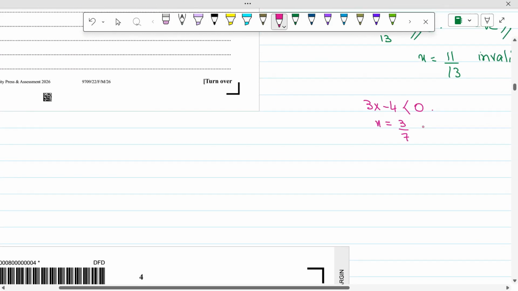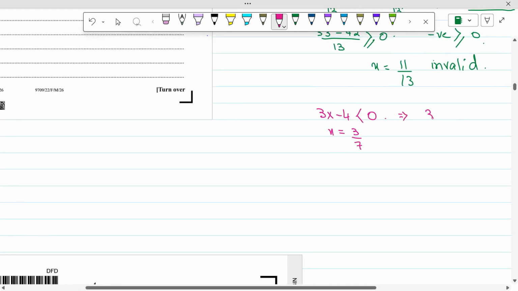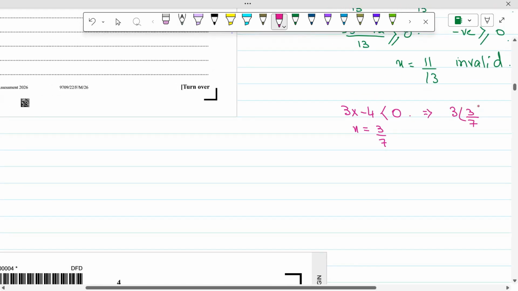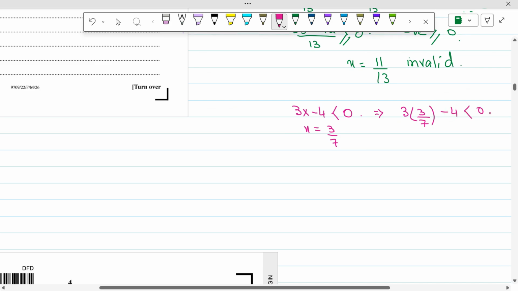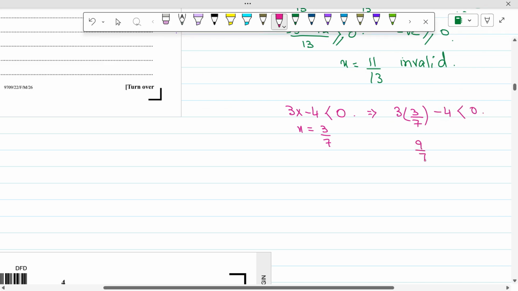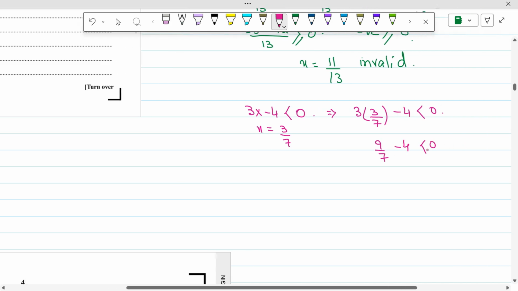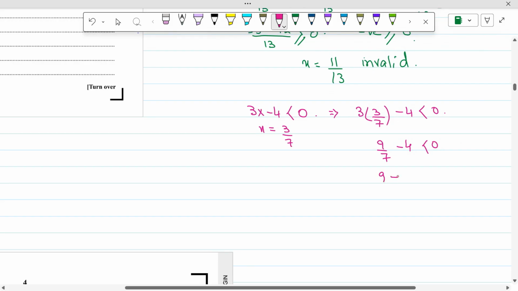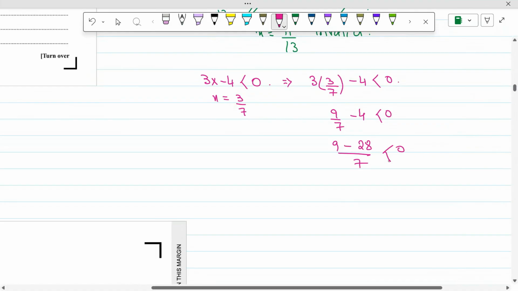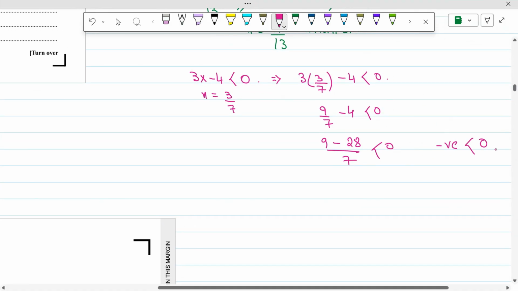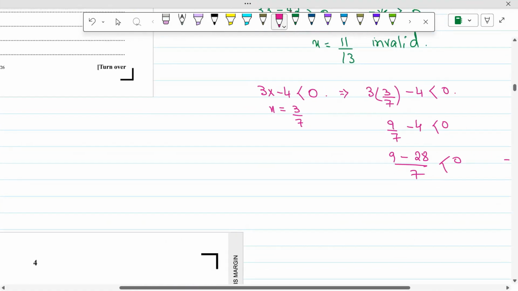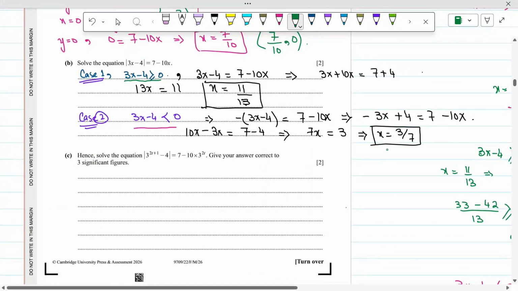So plugging in, we will have 3 times 3 over 7 minus 4 less than 0, or you can say that 9 over 7 minus 4 less than 0, or 9 minus 28 over 7 less than 0. This one is negative and should be less than 0. So this condition is satisfied, so we can say that this solution is valid and the other solution is invalid.